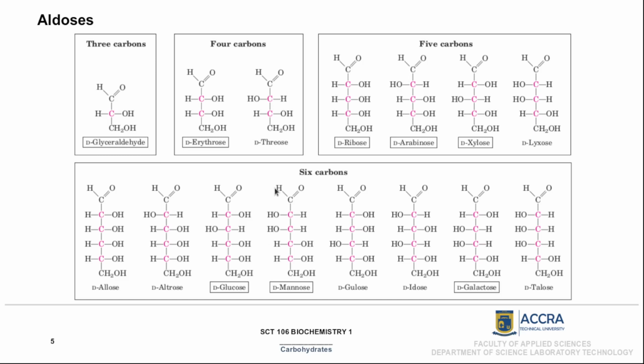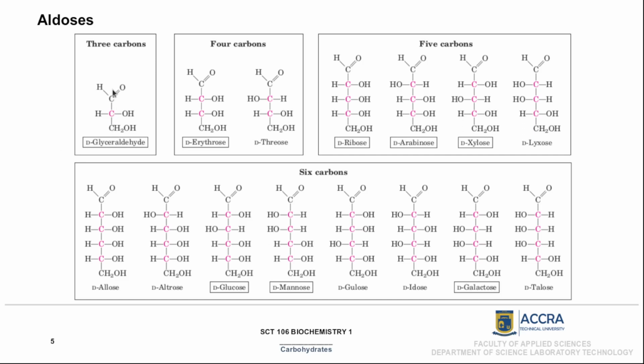Now, what you need to take into consideration is you have these carbons which are in red. These are the chiral centers in each of these structures on your screen. Now, as a general rule, for aldoses, to know the number of chiral centers, you take the number of carbons that are in the structure of the aldoses.